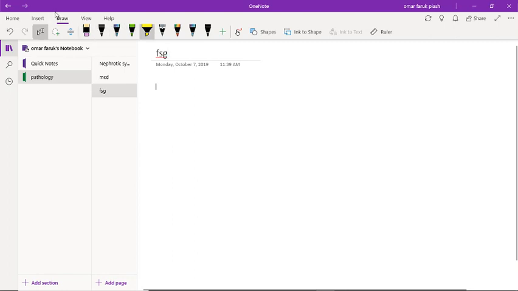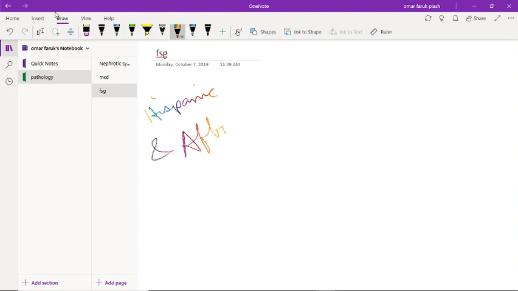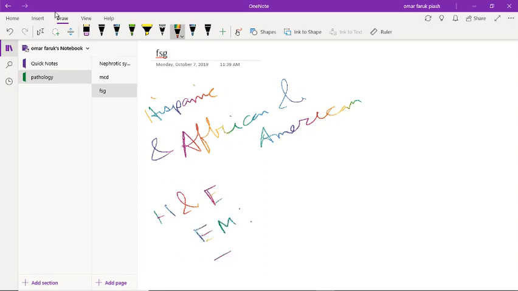In focal segmental glomerulosclerosis, what you have to remember is that it most commonly happens in Hispanics and African Americans.